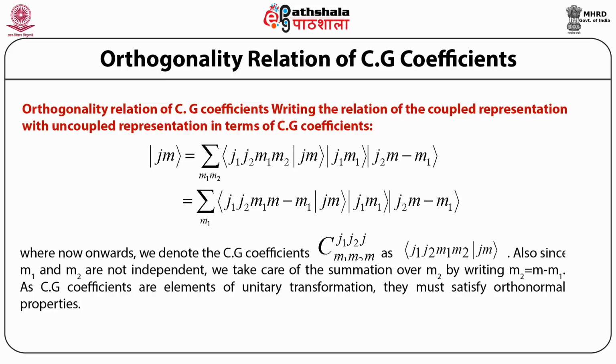we have used the relation m2 is equal to m minus m1, and this we could do because m1 and m2 are not independent. Therefore we could denote the value of m2 in terms of m and m1, where m2 is simply m minus m1.